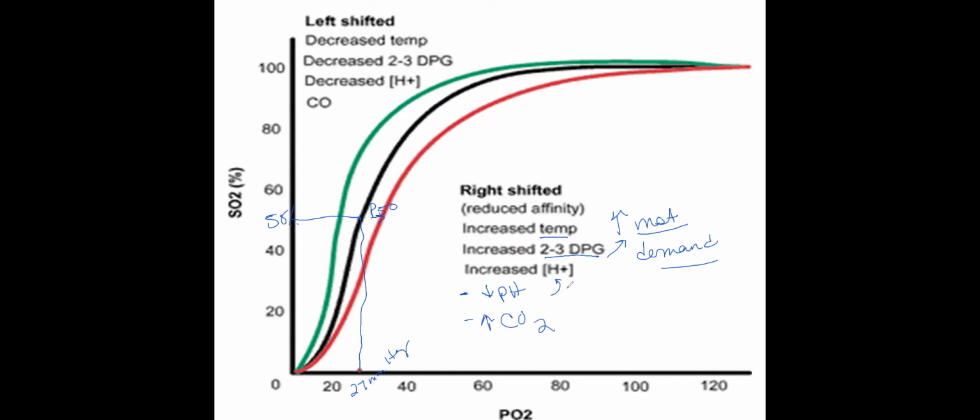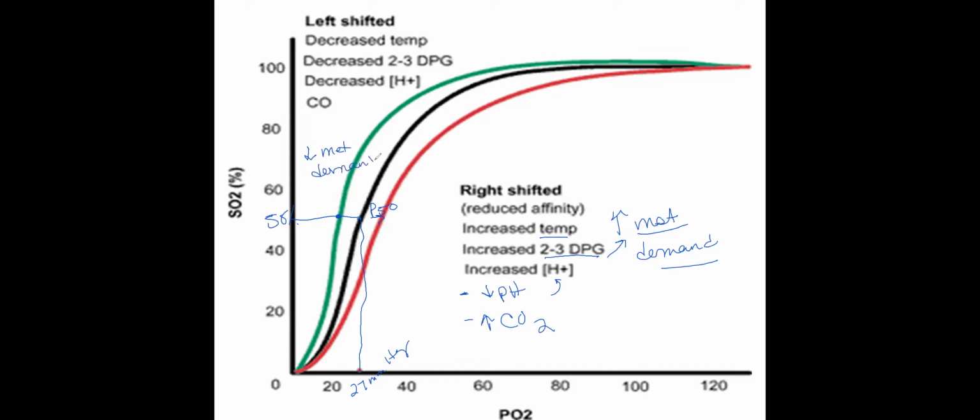Now the opposite occurs on the left side, which is the green. If our P50 shifts to the left, that means that the hemoglobin holds on to the oxygen more and is less likely to get rid of it. And situations that will cause a leftward shift are situations that are reflective of a decrease in metabolic demand.